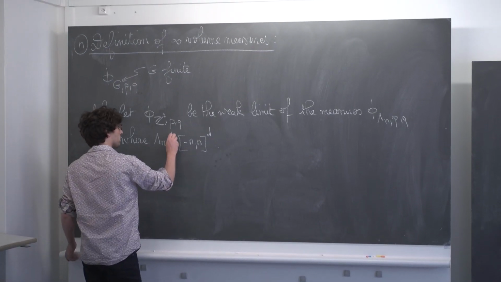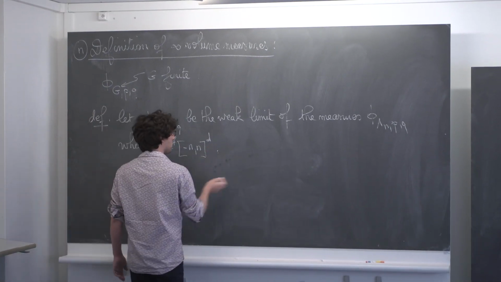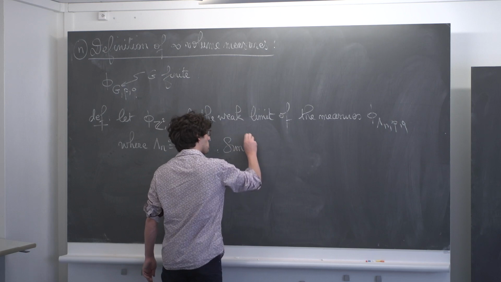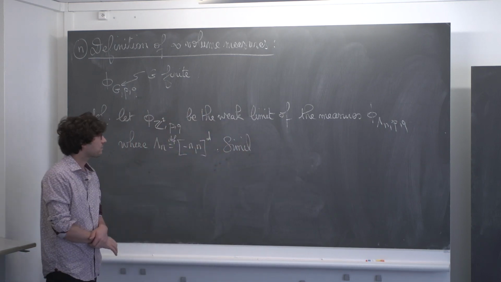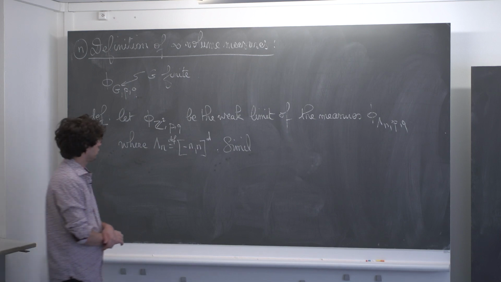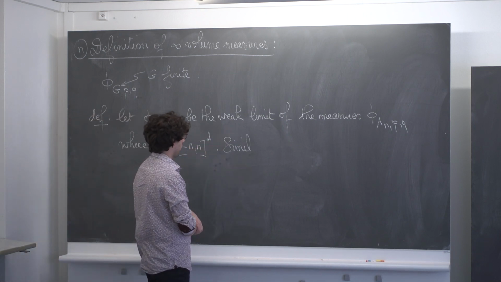So this is the definition. At this point it's not clear at all that the limit exists, but we are going to justify that this weak limit is defined.